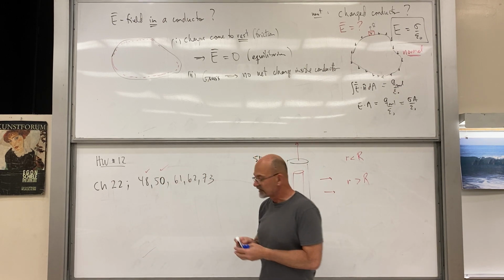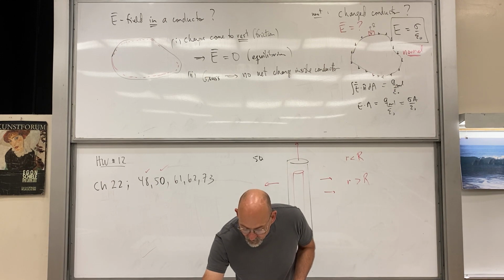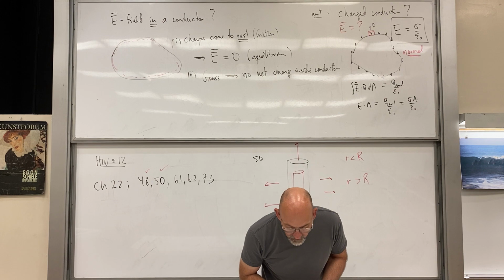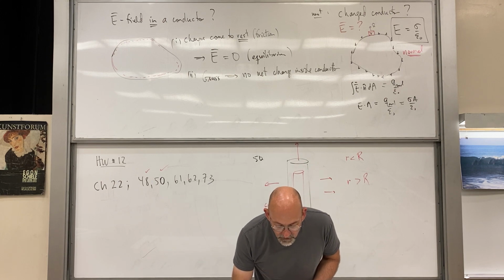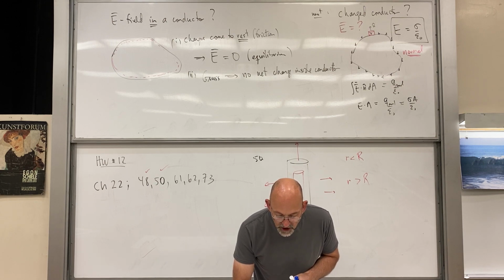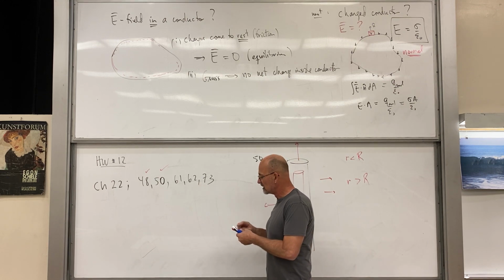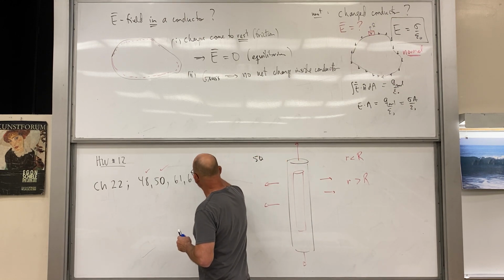Let's see what we have for 61 and 62. Oh, 62 is great. Electric field, total charge on Earth's surface. So 62 is just Gauss's law for our entire Earth.